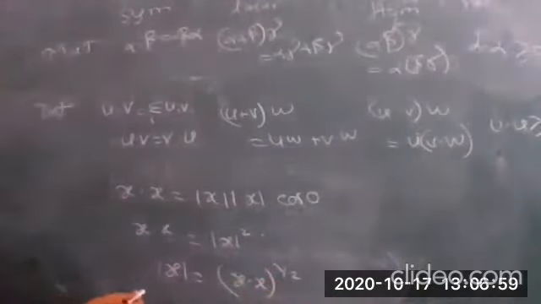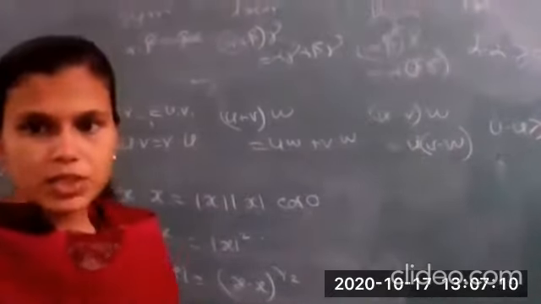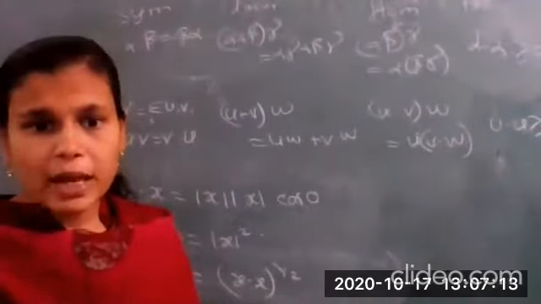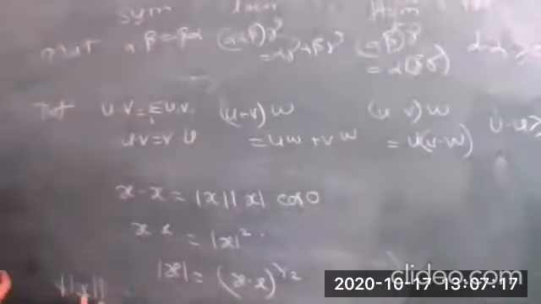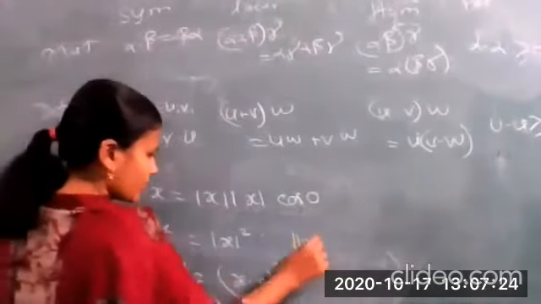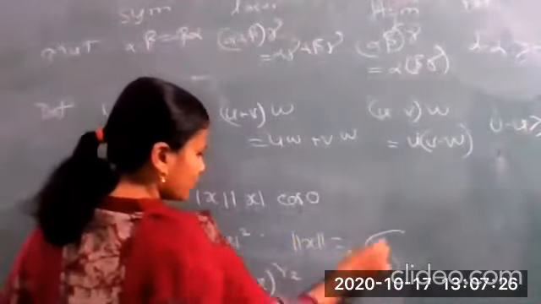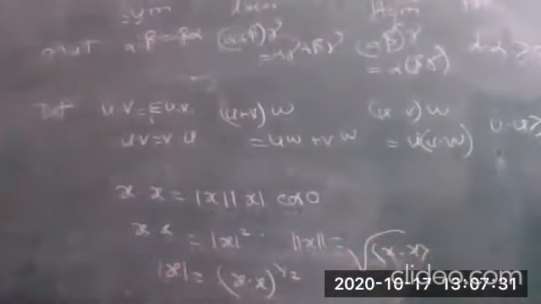So this modulus, nowadays I can convert to norm. Why is this so? Because norm and modulus are very similar. Norm gives you the distance from the origin, and modulus gives you the distance between any two points. So now this term I can write as norm of x is nothing but the square root of the inner product of x with x.